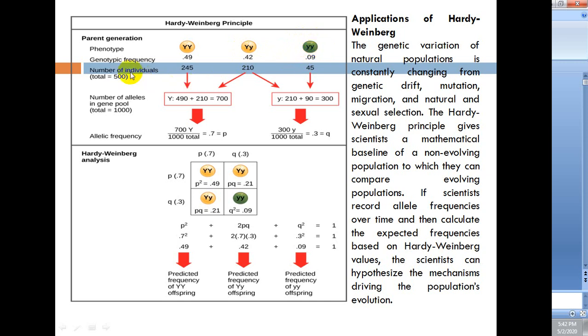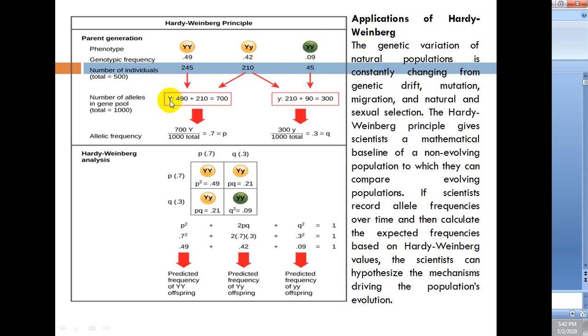Say the number of individuals in the population is 500. Out of that 500, there are 245 homozygous dominant, 210 heterozygous, and 45 homozygous recessive individuals.